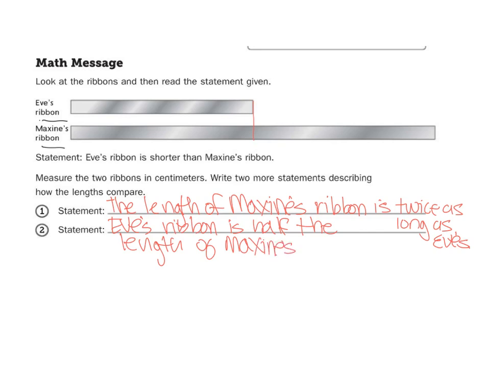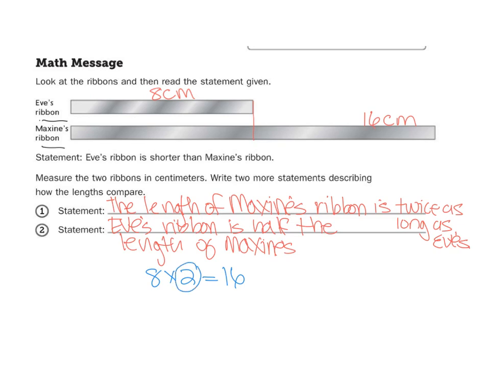If you measured, you would know that Maxine's ribbon is 16 centimeters and Eve's ribbon is 8 centimeters. If I think of this in comparison, 8 and 16, I know that 8 times 2 is 16, or 8 is half of 16.